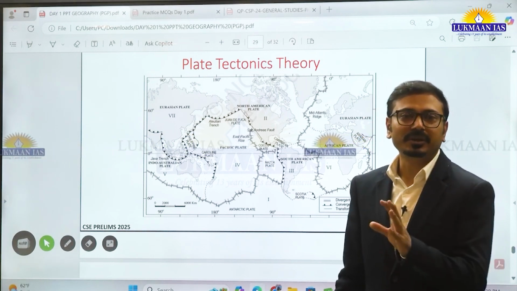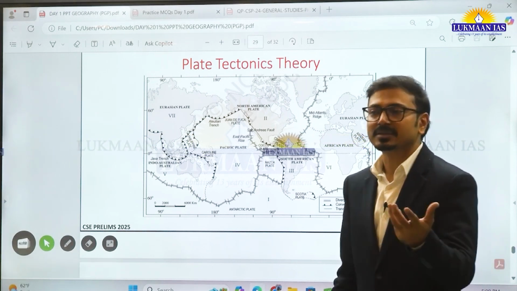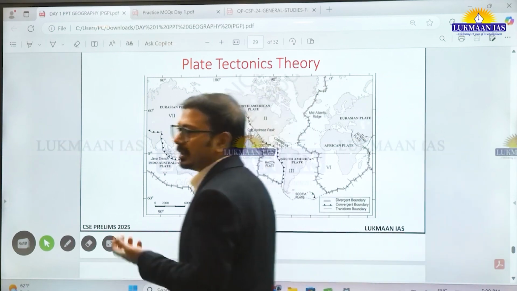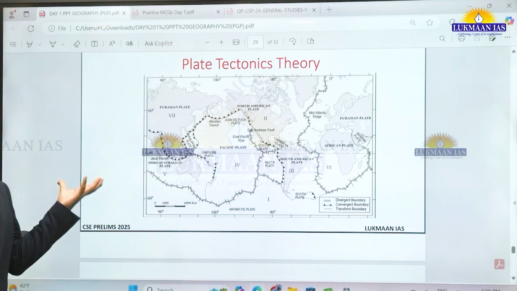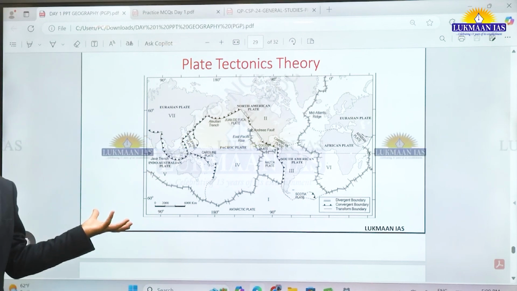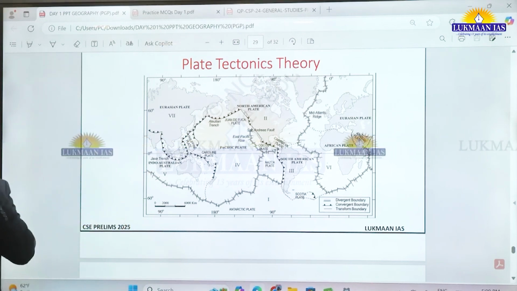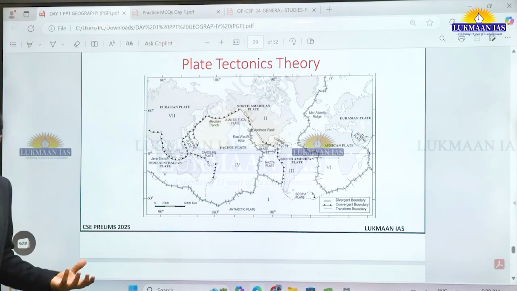According to him, continents float over oceanic crust, but that was negated later on.